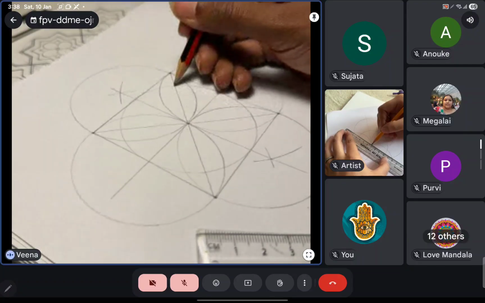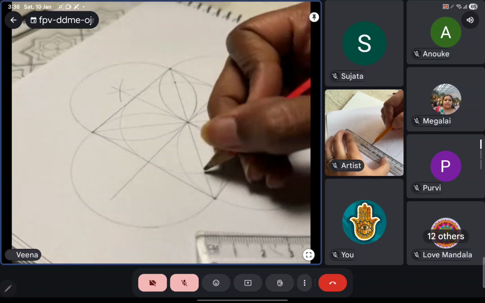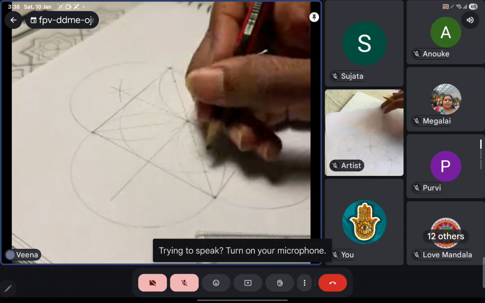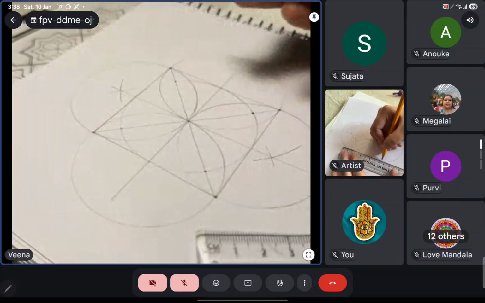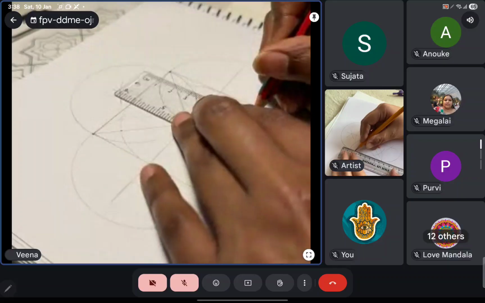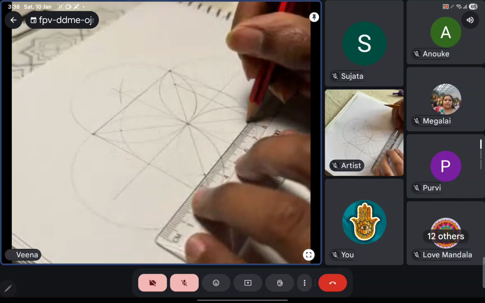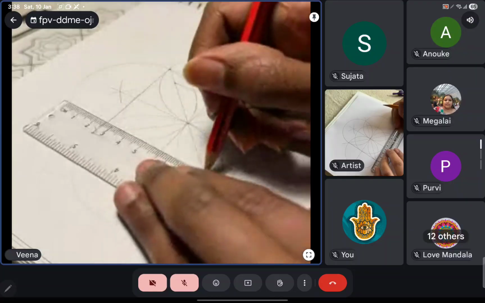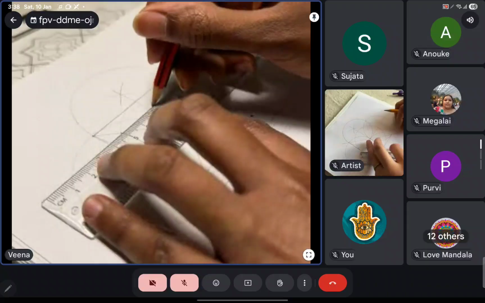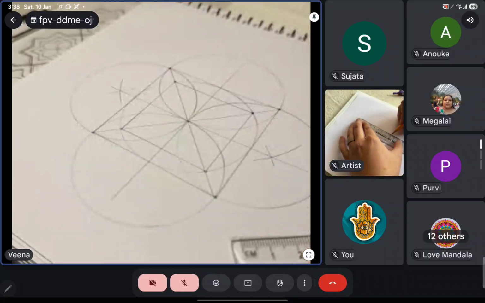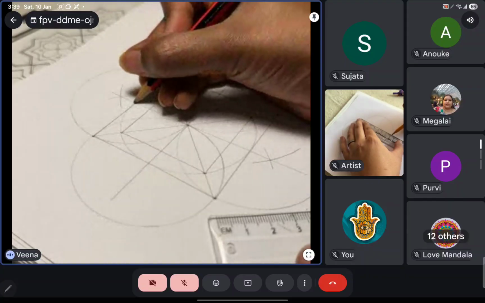And then join them to create a square. Same over here.